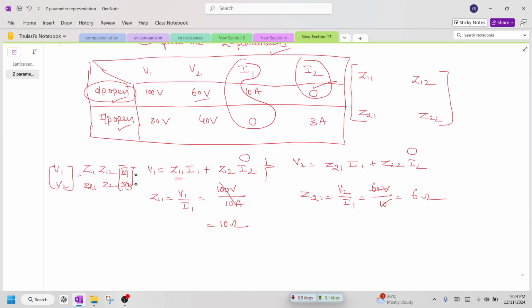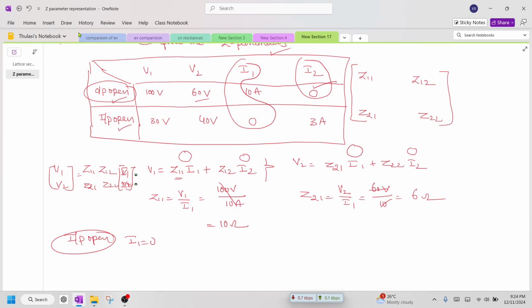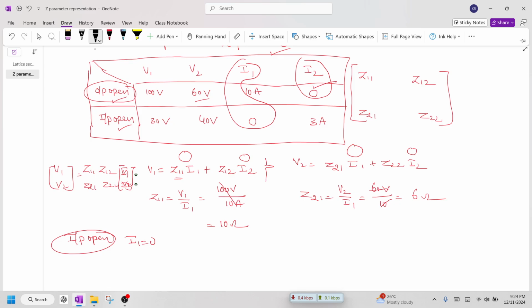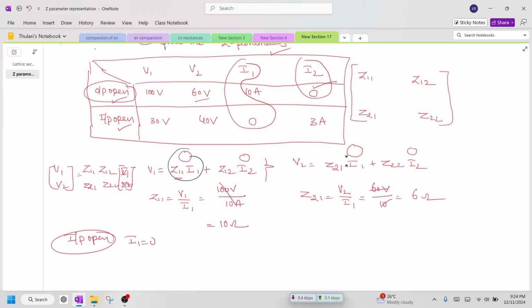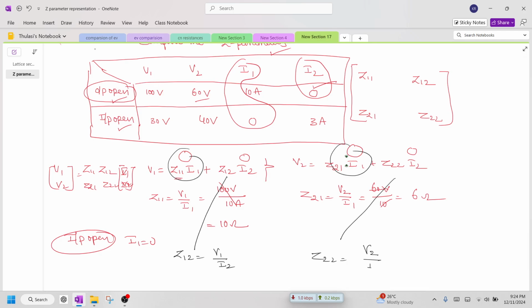Similarly, the input port is open circuited. Under this case, I1 is 0. So in this equation, substitute I1 equal to 0, and these two terms become 0. Then resultantly you get Z12 is equal to V1 by I2, and Z22 is equal to V2 by I2.